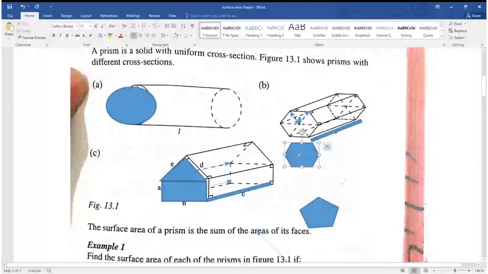I want to paste it here. No, why copy it? I think I've pasted the wrong one. This is the one that I'm copying. Let me see.